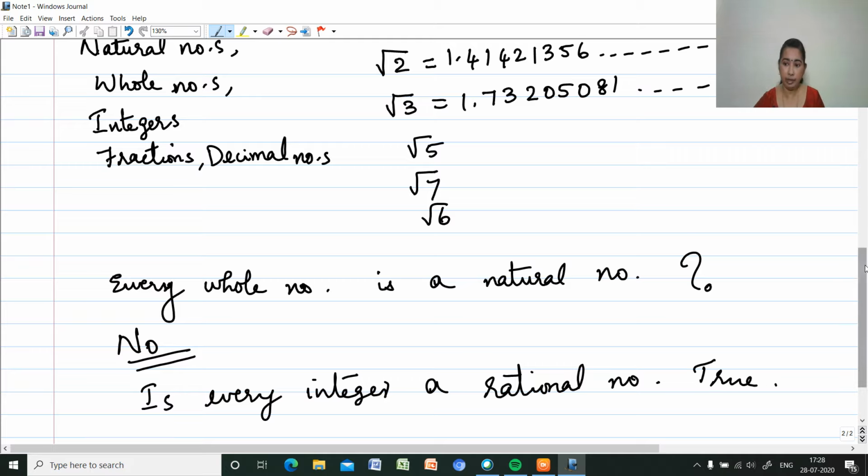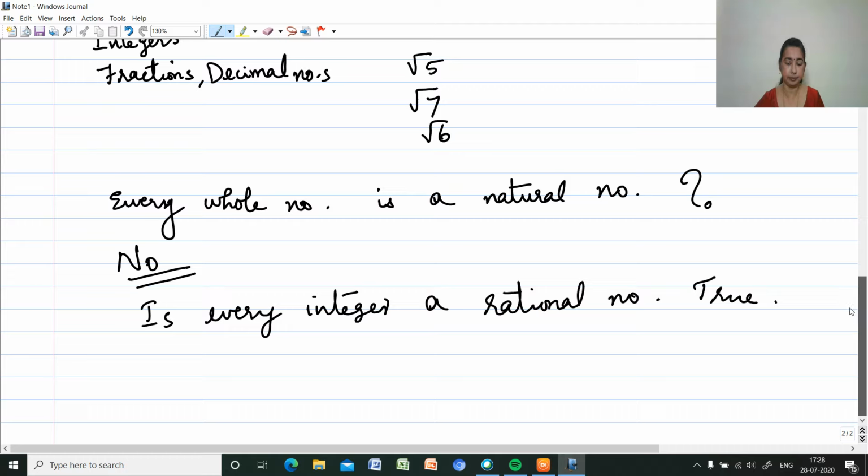Now, how can we find some rational numbers between two numbers? Any two numbers if given, how can you find some rational numbers in between?